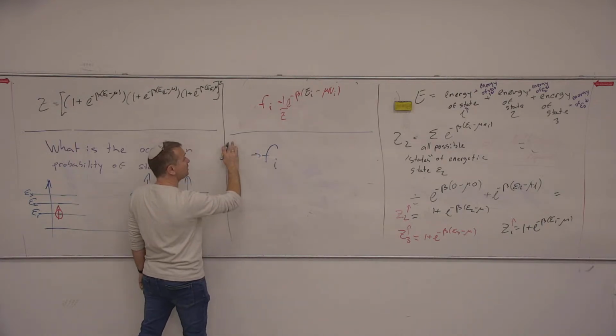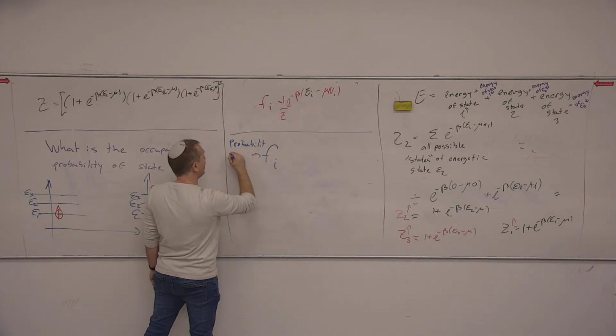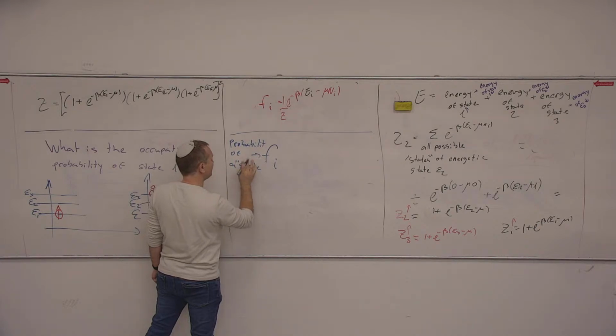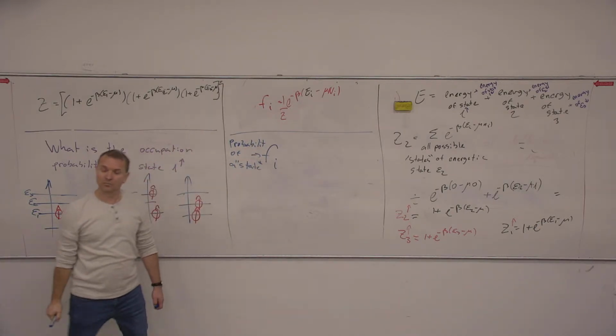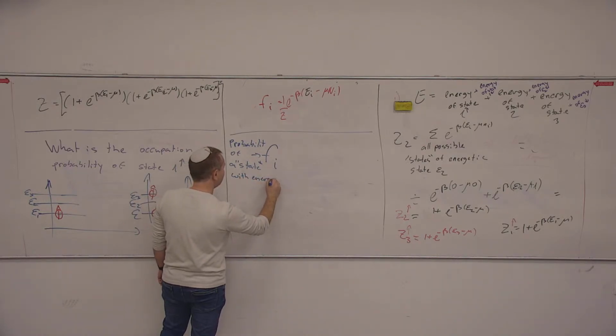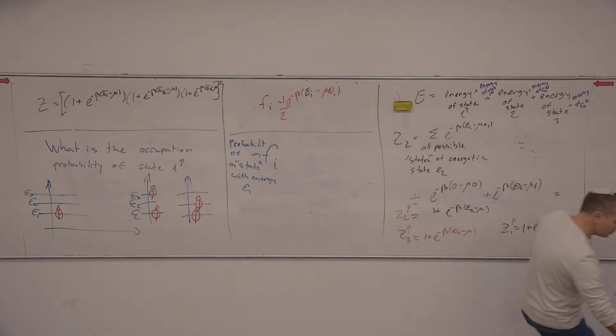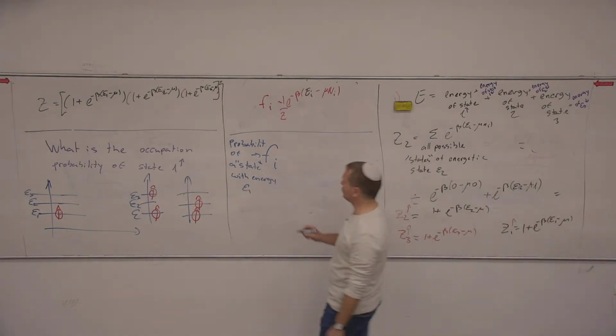Fi is going to be the probability of a state with energy epsilon 1. So what is going to happen?